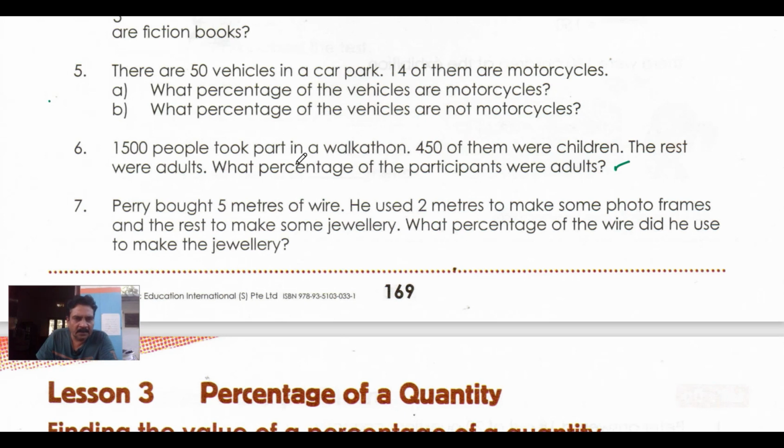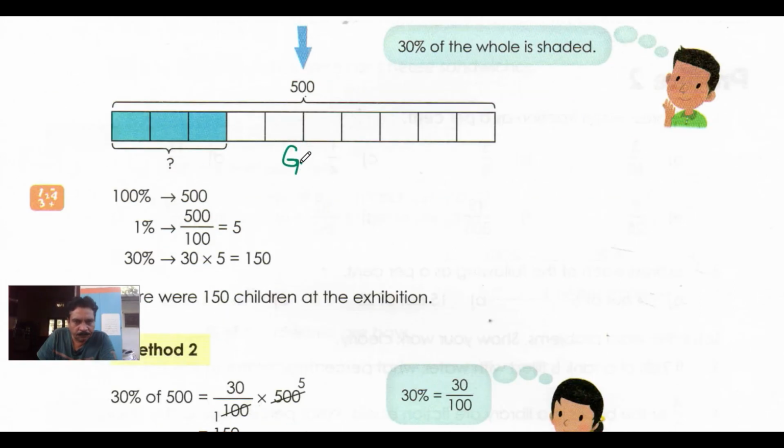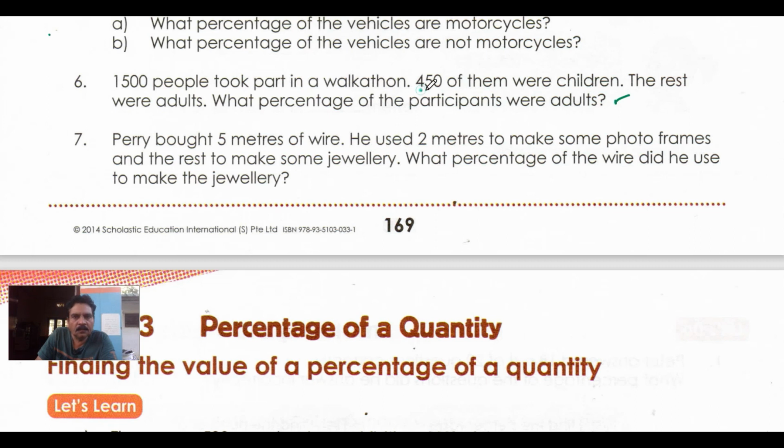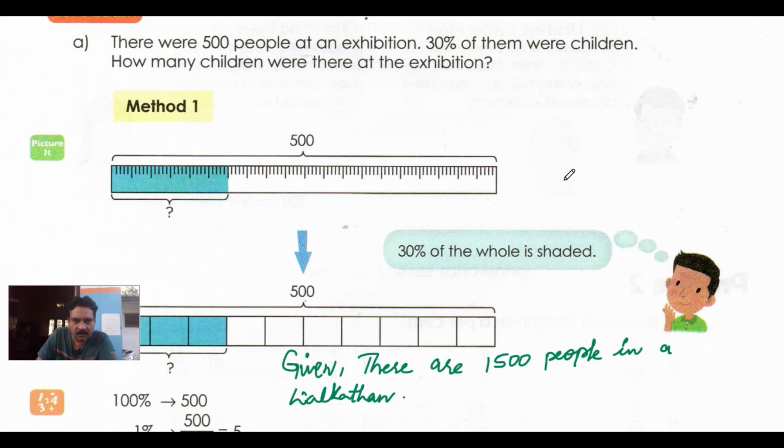1500 people took part in a walkathon. 450 of them were children. The rest were adults. What percentage of participants were adults? Given, there are 1500 people in a walkathon. 450 of them were children.